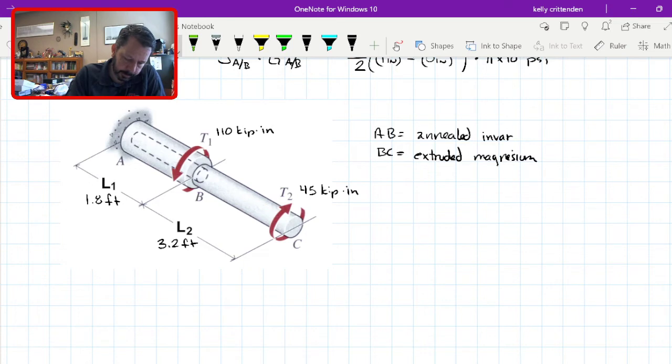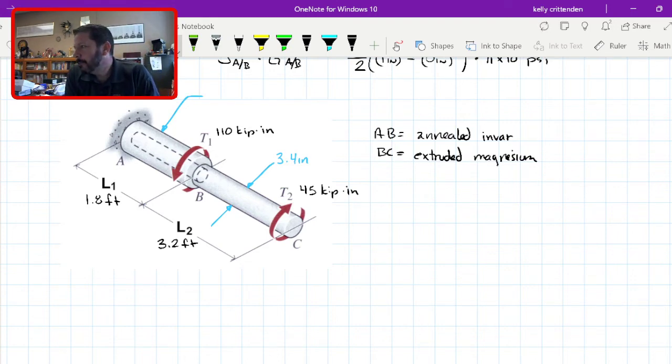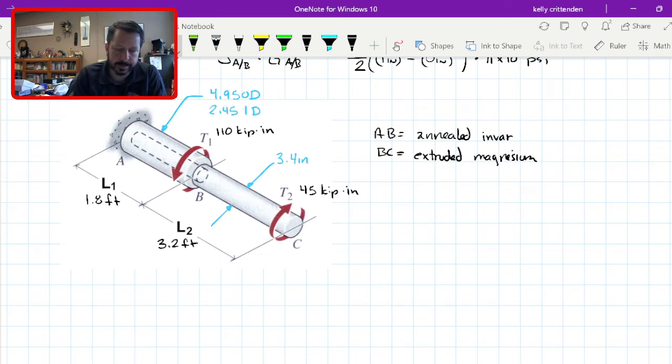And then we have some dimensions here. So the BC is a solid, and it is 3.4 inch outer diameter. And then this part, AB, has a 4.95 OD and a 2.45, these are inches, ID. So ID is inner diameter, OD is outer diameter.